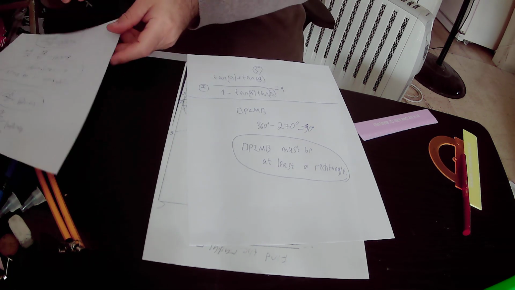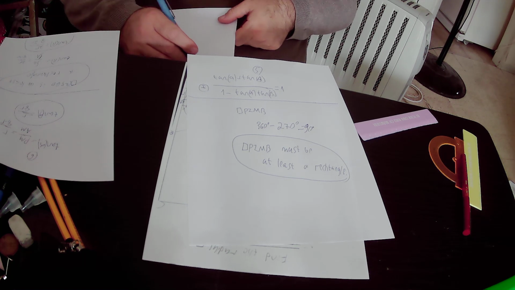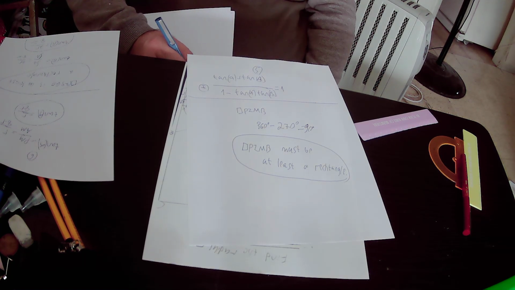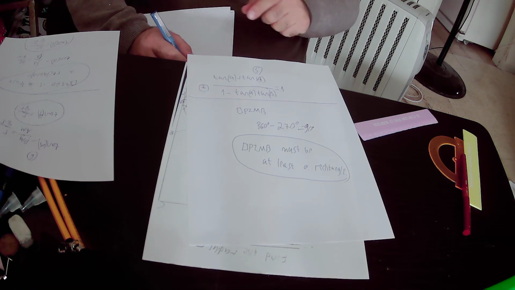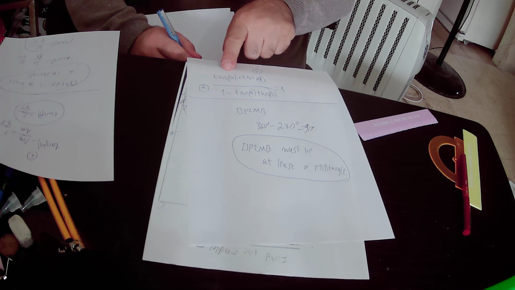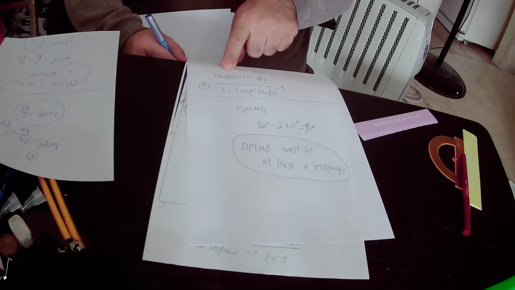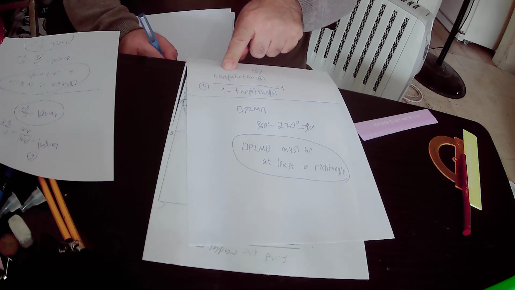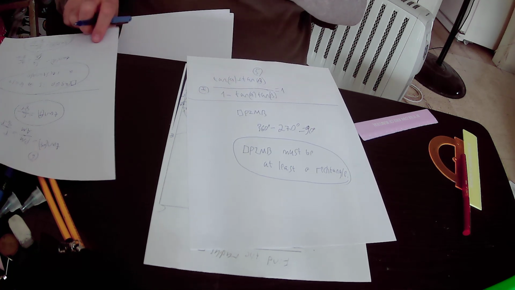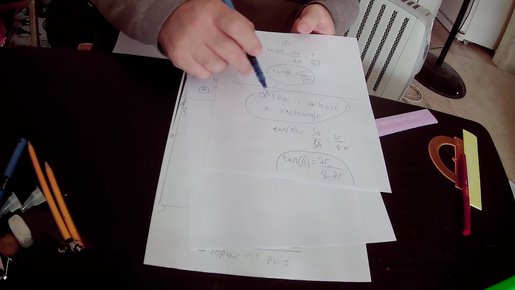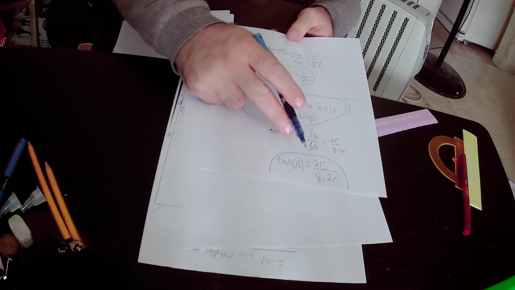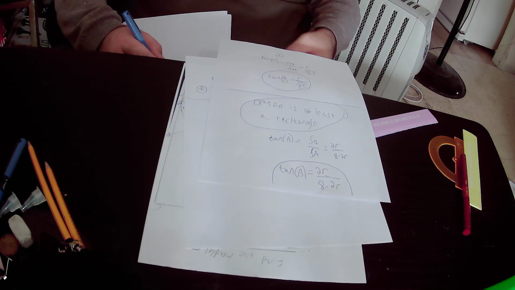So in equation number 1, instead of tangent alpha, we will write the value for tangent alpha, that is R over 8 minus R, and the value of tangent beta, according to what we have already found, that is 2R over 8 minus 2R.